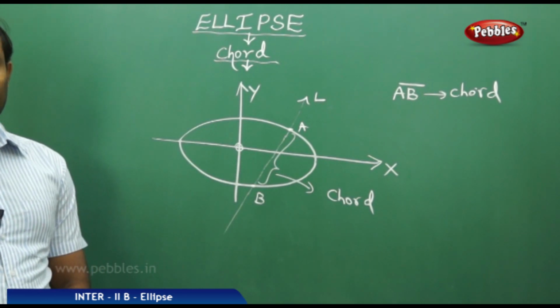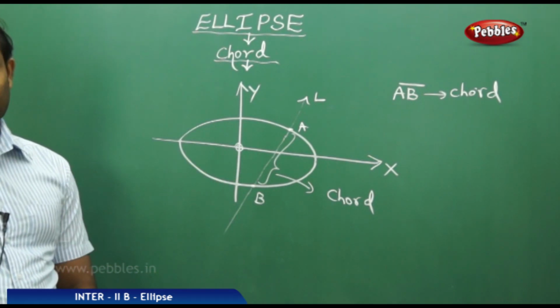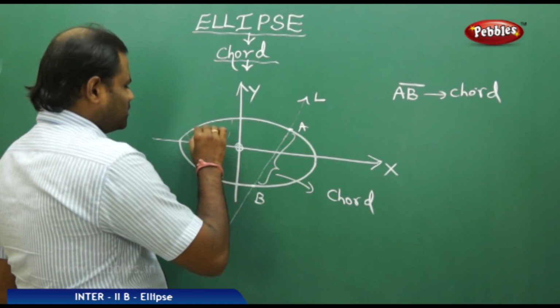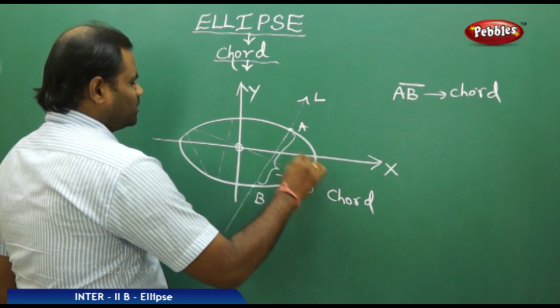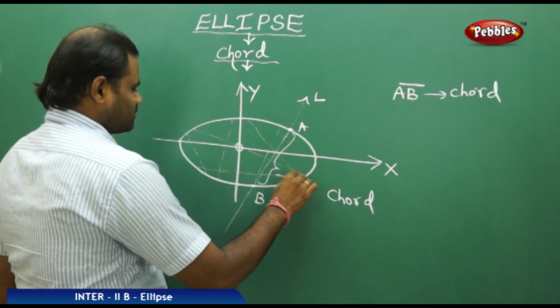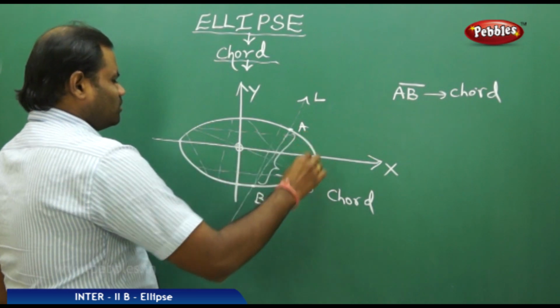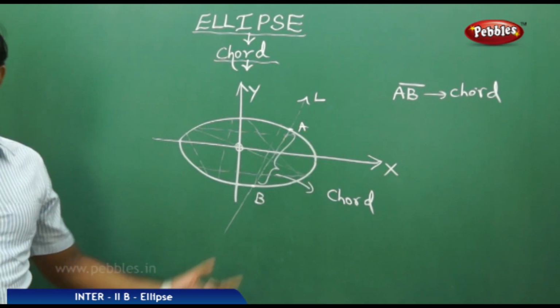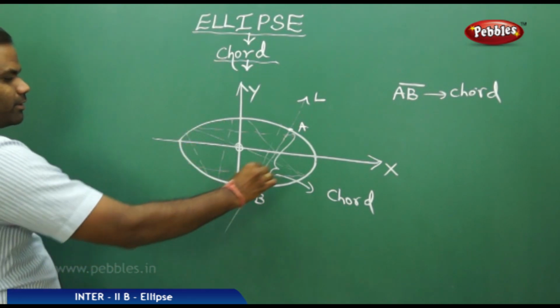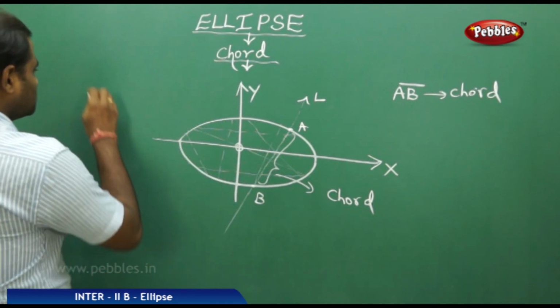So we have infinitely many chords which exist in the ellipse. You have a chord passing here, a chord passing here, a chord out here, and here. So there are infinitely many chords which exist inside the ellipse because there are infinitely many points on the ellipse.